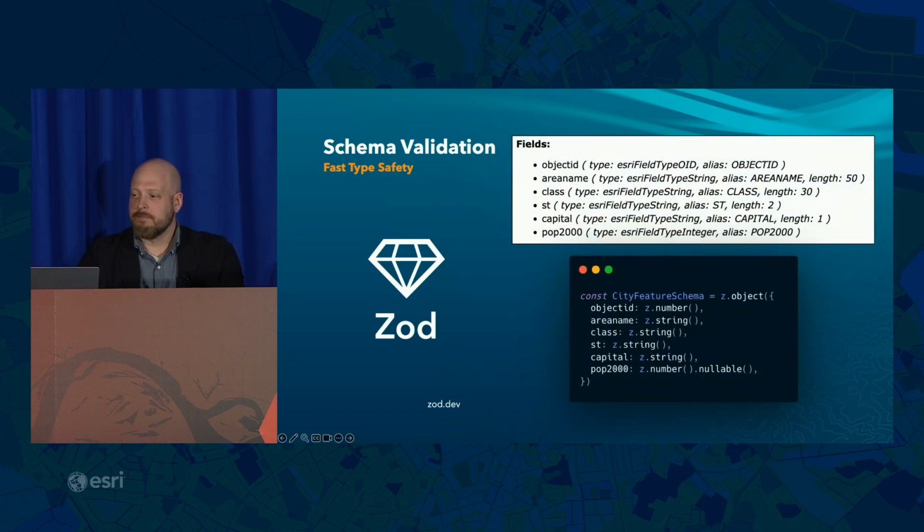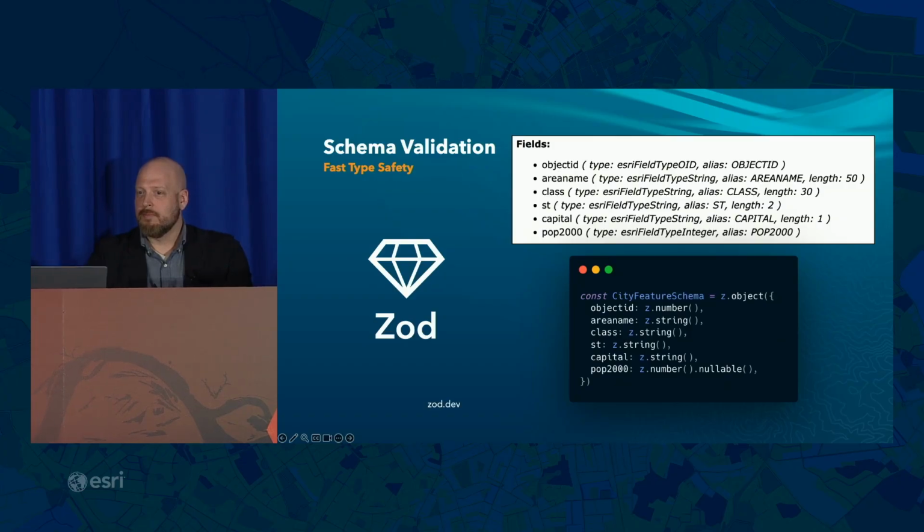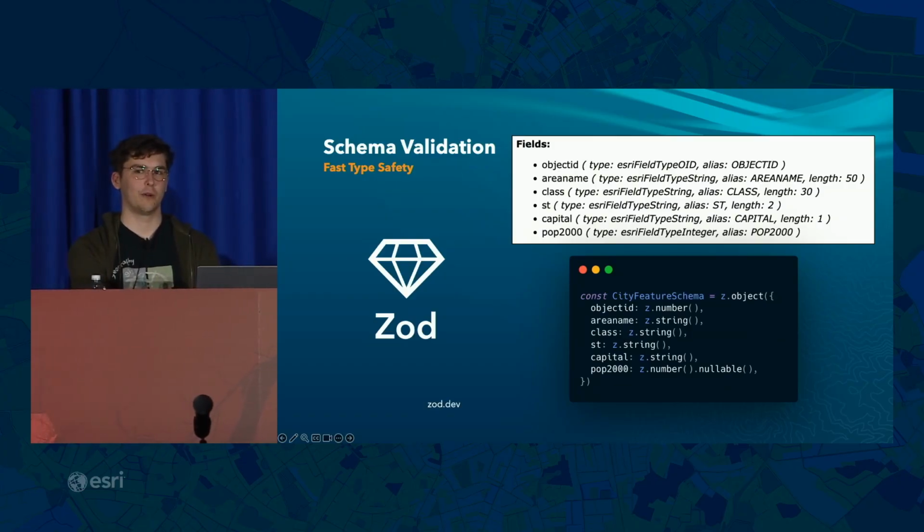And if you're not sure why this might be helpful, a very real use case that we've used on projects is when you're working with something like a feature layer and you're fetching data. When you fetch that data, TypeScript is completely unaware of what any of the types are. And so where Zod comes into play is we can define the same schema in our code, and then this gives us type safety on any of these pieces of data that we're fetching.